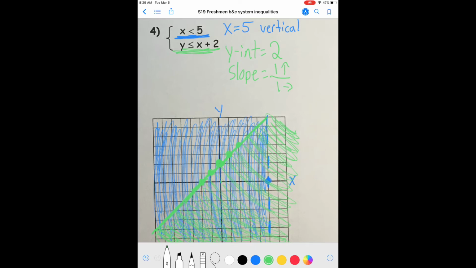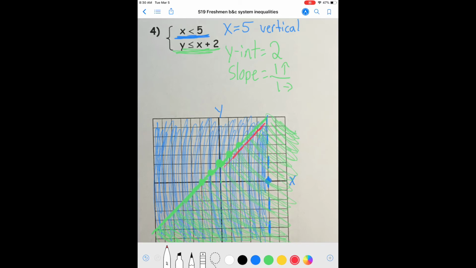Now, looking at this, it may be a little bit confusing, a little bit messy for some of you, but we want to look at just the region where the two inequalities overlap. That is going to create our region of solutions for both inequalities.